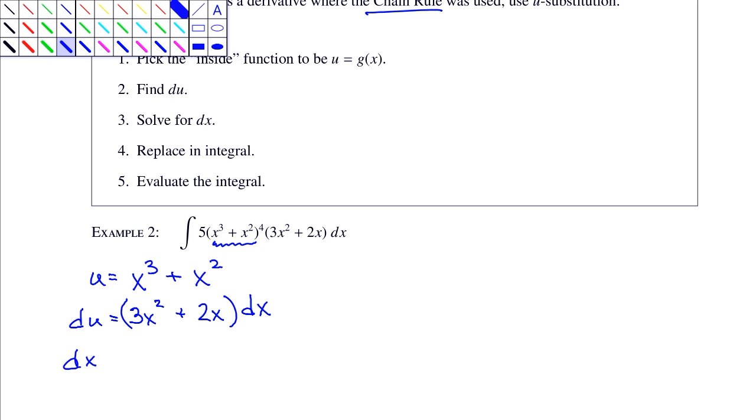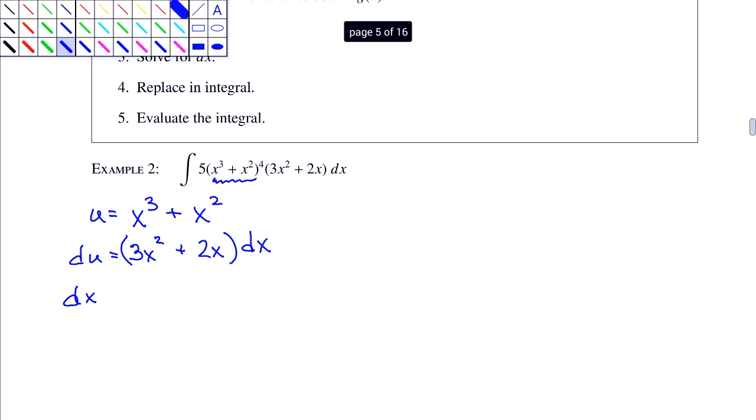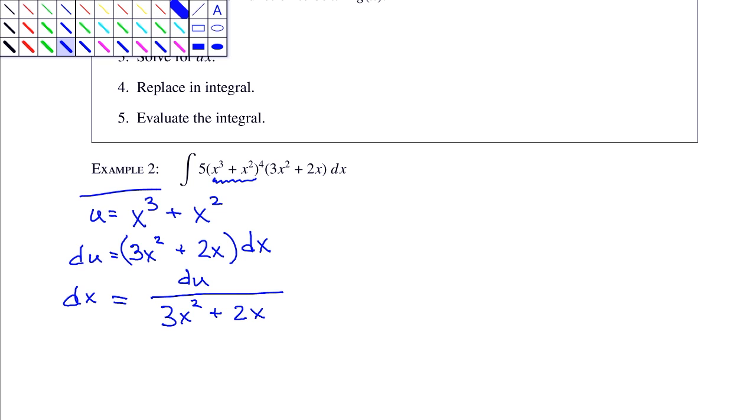Next, solve for dx. So this will be du over 3x squared plus 2x. Substitute.